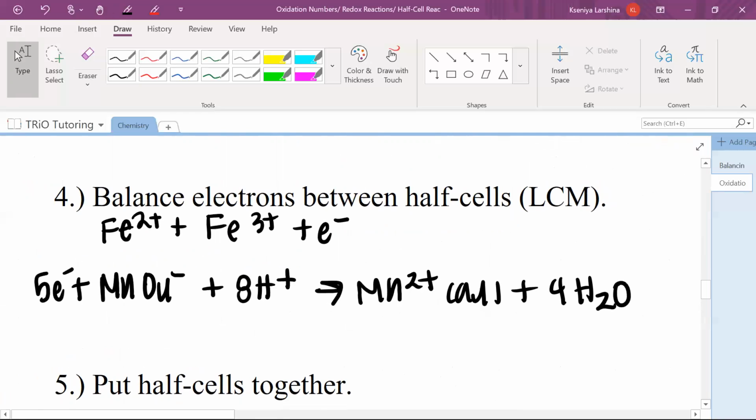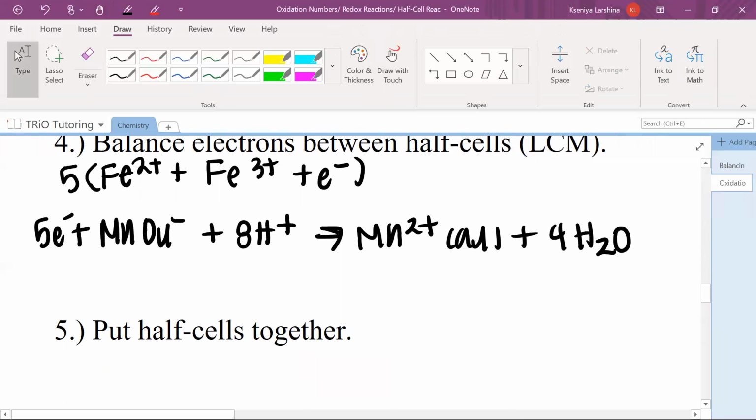So now we would multiply our reactions, to add them together, by their least common multiple. We have 1 electron on our iron, and we have 5 on our manganese side. So we would multiply this by 5.